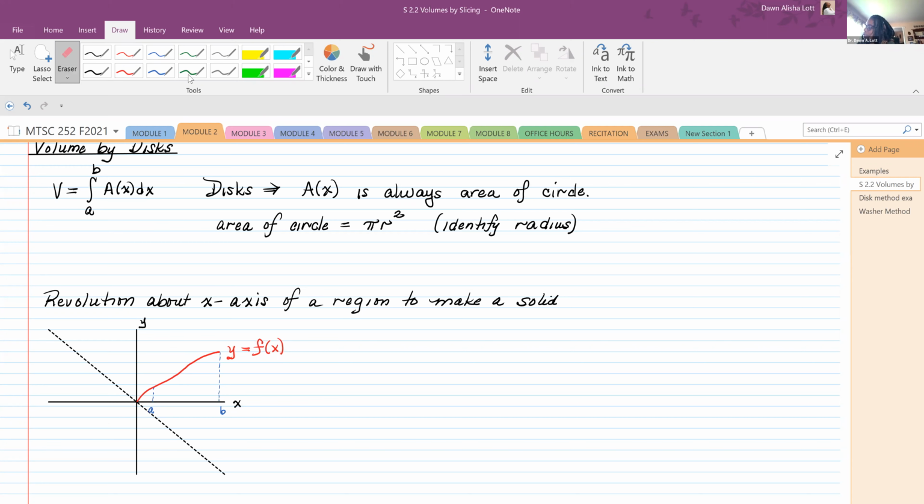I'm going to select the x between them, and go all the way up here and find the function value. As you can see, I'm now going to take this point and revolve it about the x-axis. And when I revolve it about the x-axis, I end up with something that looks like that.